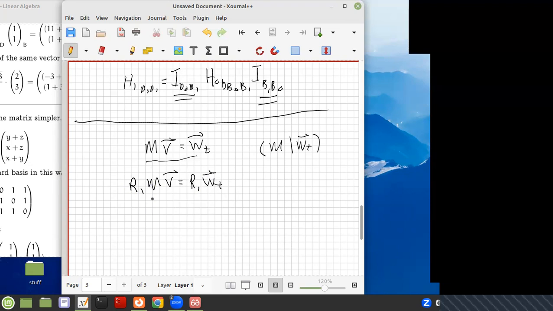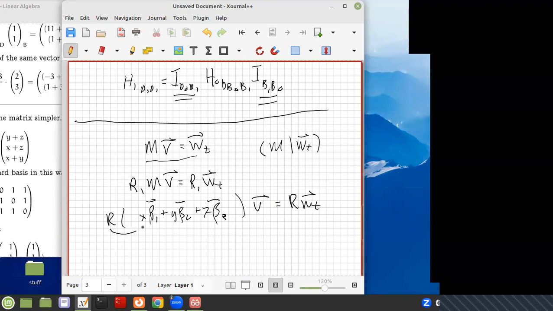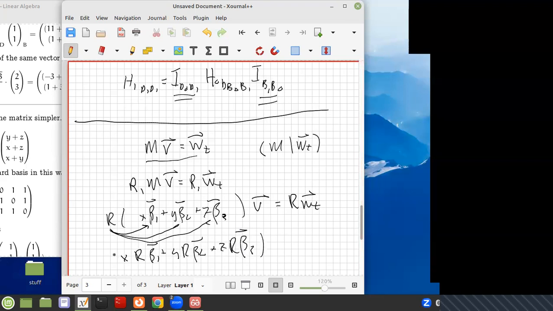So if I write this as, let's say it's three-dimensional, x beta 1 plus y beta 2 plus z beta 3, these are the columns of M, and I'm acting with R on those, which maps V to R W. Then I can think of this matrix R as acting on beta 1, beta 2, and beta 3, because I can multiply this in to get x R beta 1 plus y times R beta 2 plus z times R beta 3. And that whole thing maps V to R W.